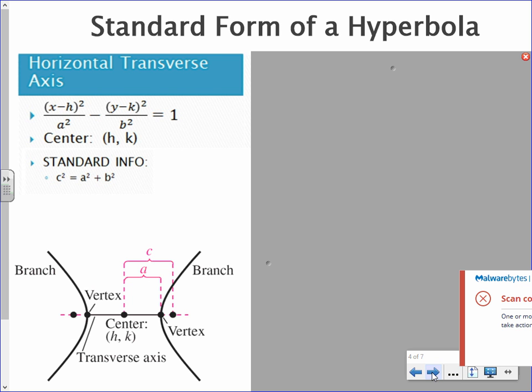A is always going to give you how far away the vertices are from the center. And C, just like an ellipse, is going to give you how far away the foci are from the center. So whether you draw a new picture or not, at least add to your picture from before that the vertices are A away and the foci are C away.